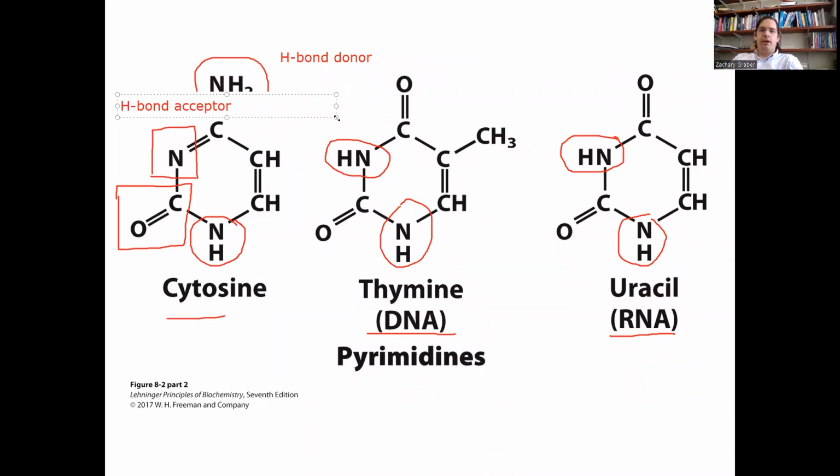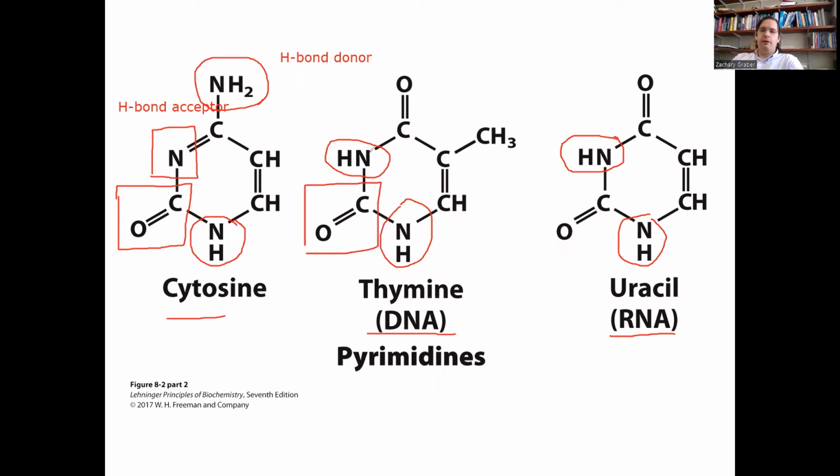Now, I should note that our hydrogen bond donors do have the potential to accept hydrogen bonds as well, because they would have an extra lone pair there as well. But I'm emphasizing their hydrogen bond donor role because we have limited hydrogen bond donor capabilities on our ring structures.